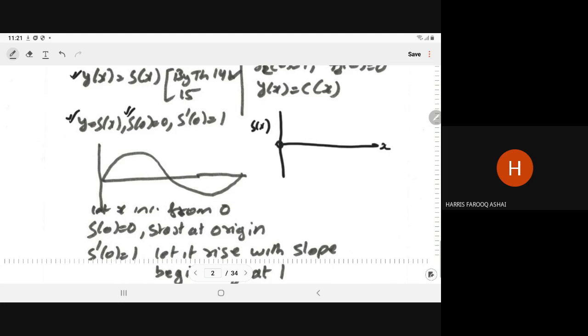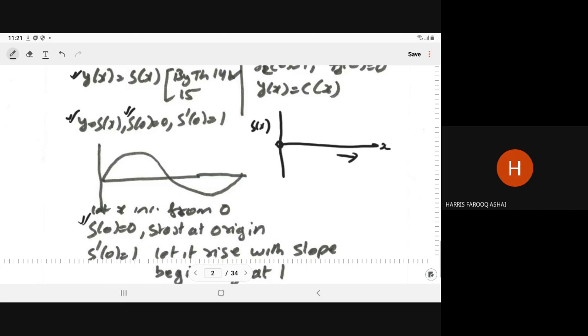That is 0. Means your graph will start from here. Let x increase from the 0 in this side. S0 is equal to 0. So your graph starts at origin.